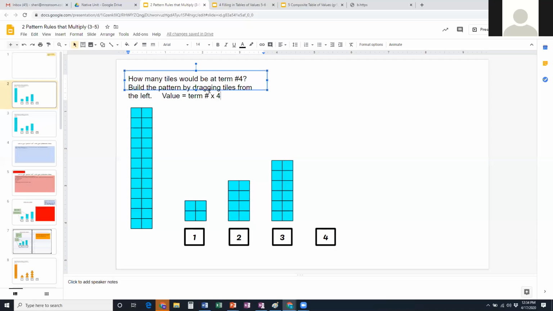And that would be how we would write this pattern. So for how many tiles would be at term number 4, well, we know that term number 4, so 4 times 4 is 16. So we would know that we would have 16 tiles at term 4.